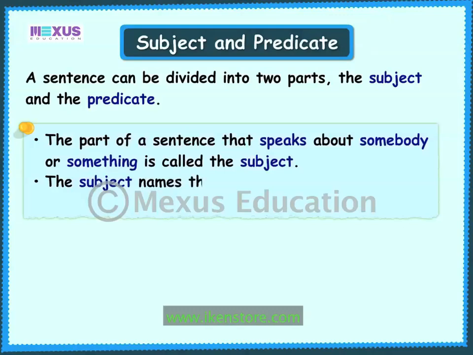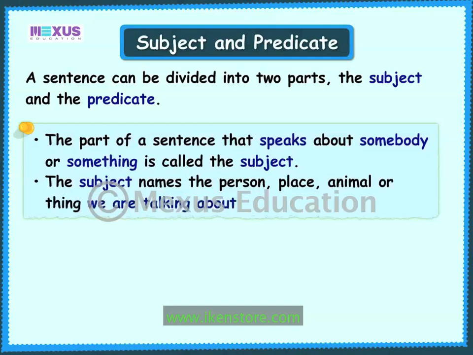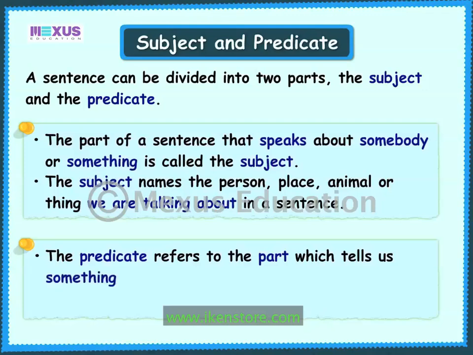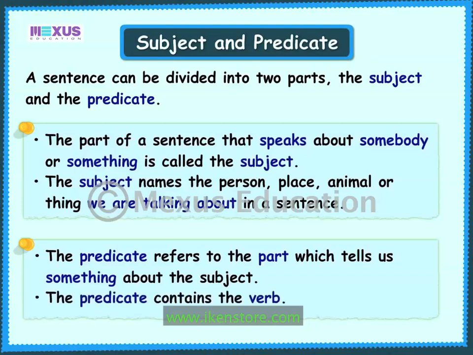The subject names the person, place, animal, or thing we are talking about in a sentence. The predicate refers to the part which tells us something about the subject. The predicate contains the verb.